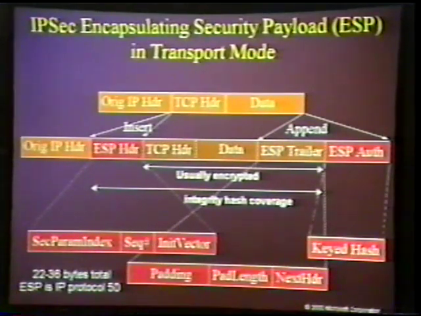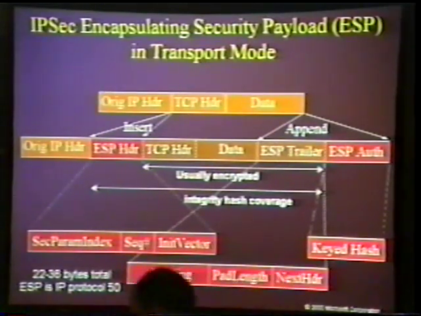And in ESP you have the ability to say that every packet is going to be a certain length, and that's supposed to cut down on traffic analysis. If every packet looks the same to the outside world, then you can't really tell what that packet's used for. So the trailer's going to have all of that padding in it, the pad length, and whatever the next header is.